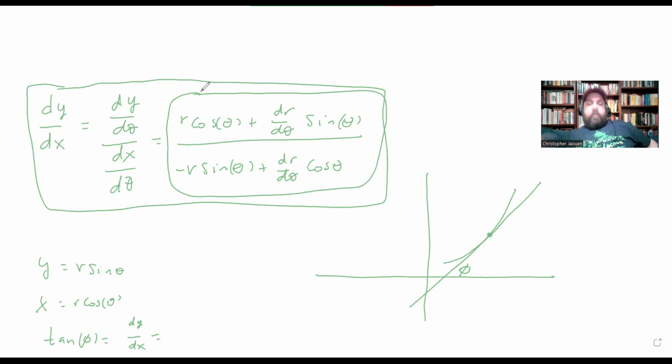You probably remember this from single variable calculus, but it's not as convenient a method of writing the slope of the tangent line as the method that we're going to derive here. But let me just show you real quick.